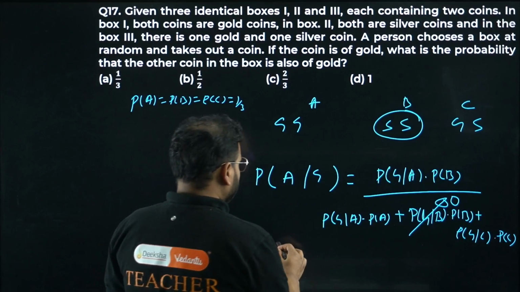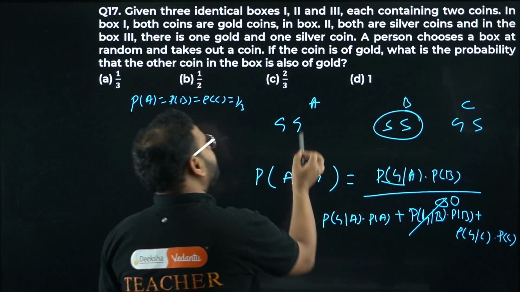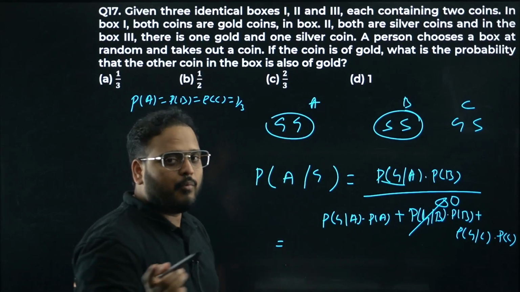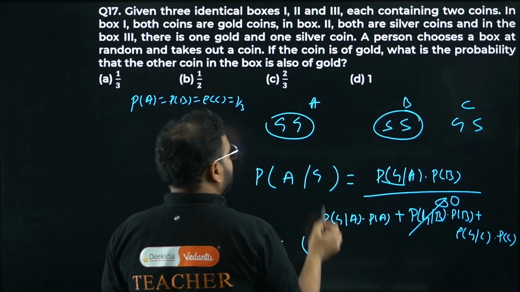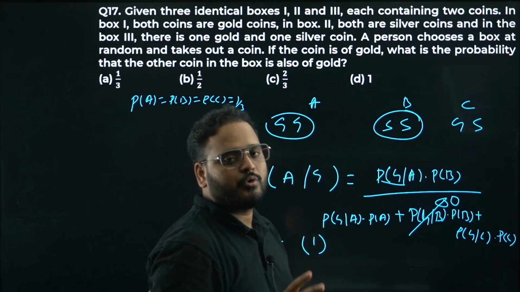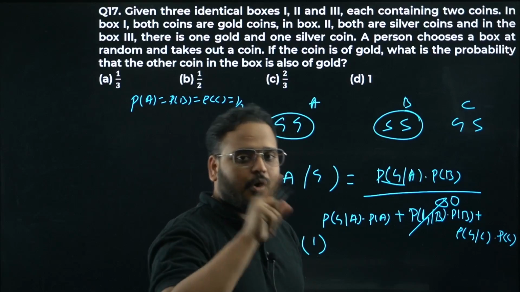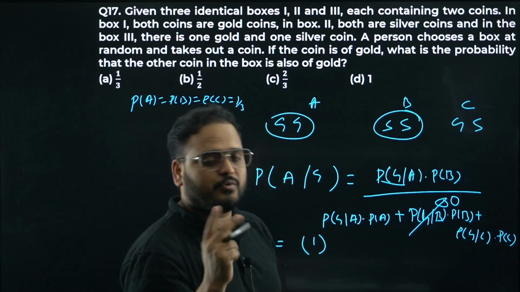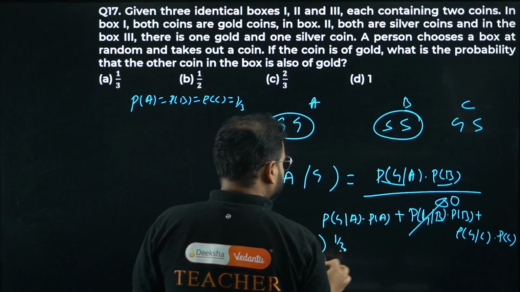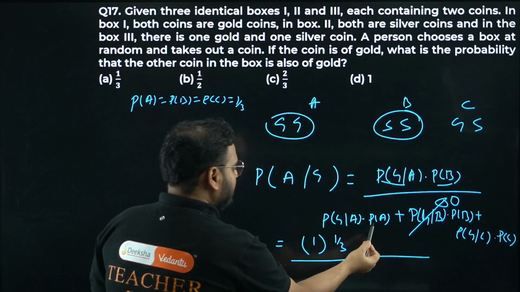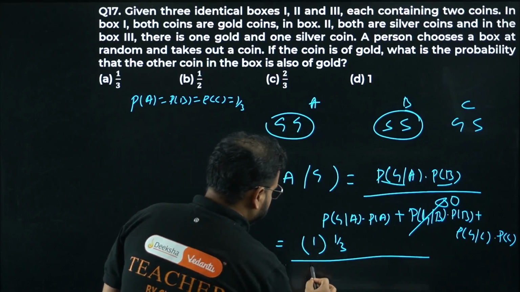Gold from box A: I can pick gold in any way possible, both chances are there, 2 by 2, so 1, because both of them are gold. So the probability of picking gold from box A is 1, and picking box A is 1 by 3. The same value comes over here, P(G|A) P(A) is 1 by 3.